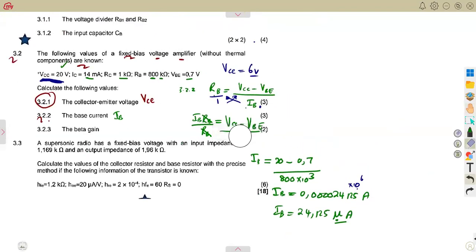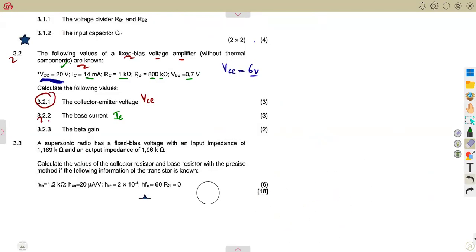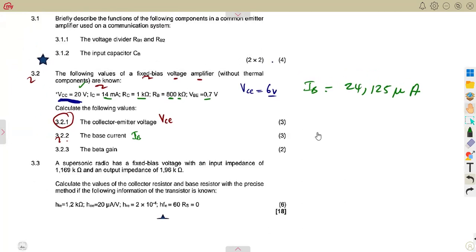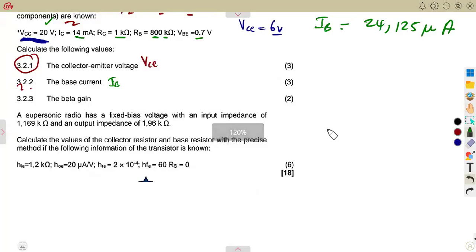Okay, so that is how IB could have been calculated. That was 24.125 microamperes. And with this information, they need us to calculate the beta gain. We need beta, that's 3.23.